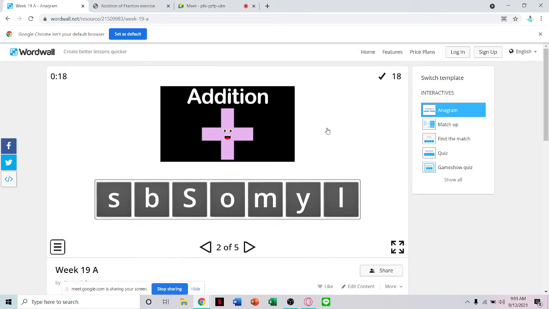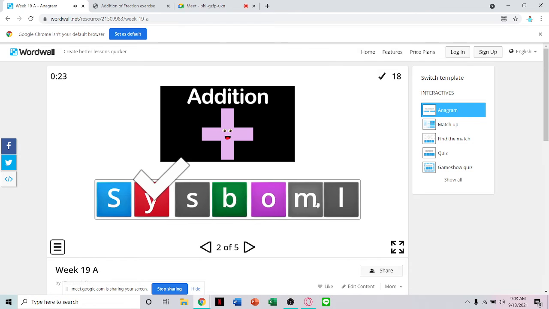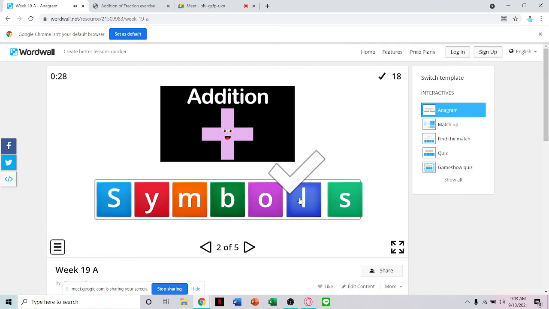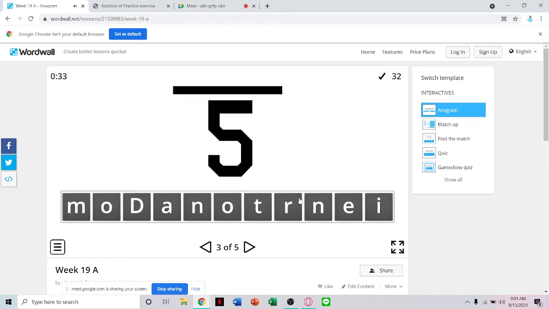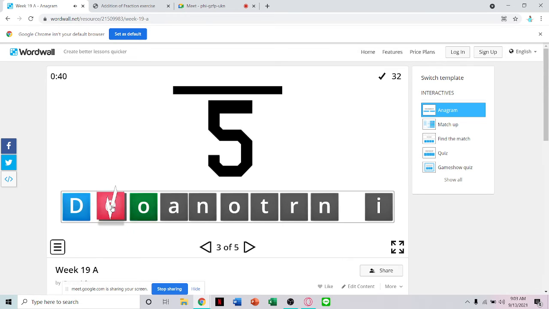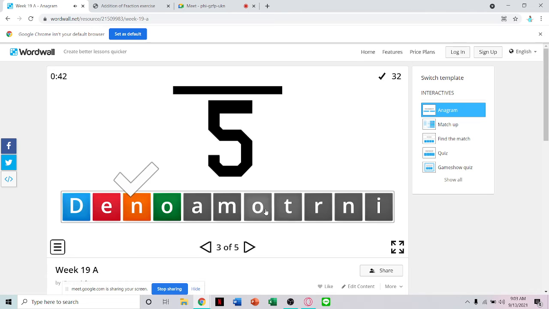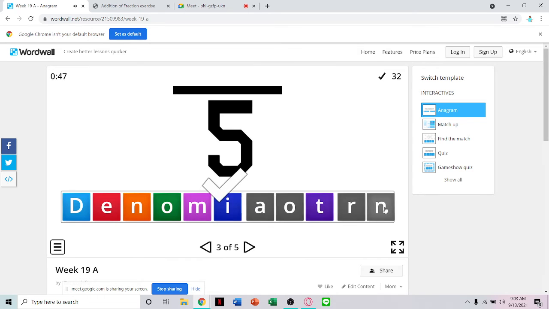Symbol is S Y M B O L S. Denominator is D E N O M I N A T O R.